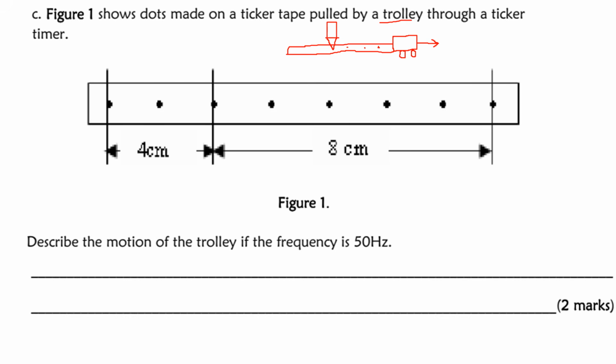So this is a trolley moving to the right, and then we have a tape which is passed under a timer. It's important that you know these things.